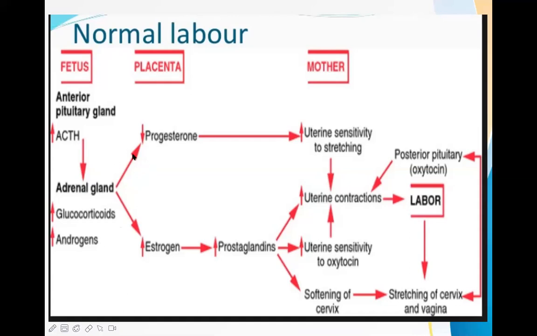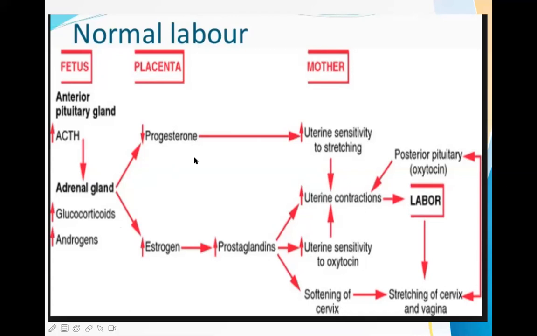Now, there is an effect on progesterone, which is decreased in the placenta, and increased estrogen secretion. This estrogen will cause increased release of prostaglandins, which causes increased uterine contraction, softening of the cervix, and increased uterine sensitivity to oxytocin. This is also done by prostaglandin. But these two you should never forget: increased contractility and softening of the cervix.